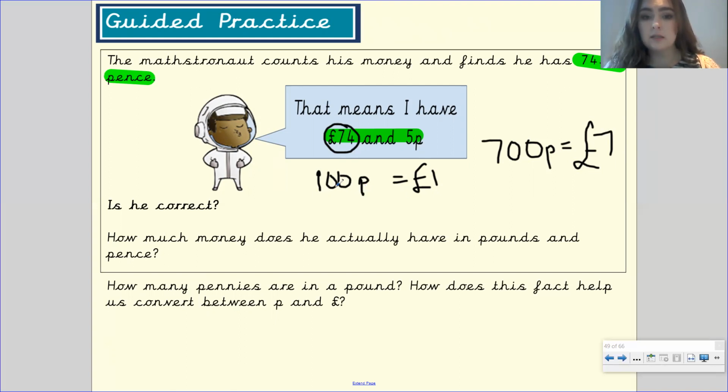We can use this, knowing that 100 pence equals £1, to help us work out how much money he actually has. So if we know that he's got £7, and that's because we know that it's 700 pence, how many pence does he have left over from 745 pence? Pause the video to have a think.